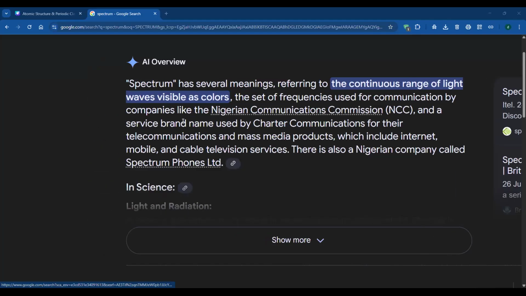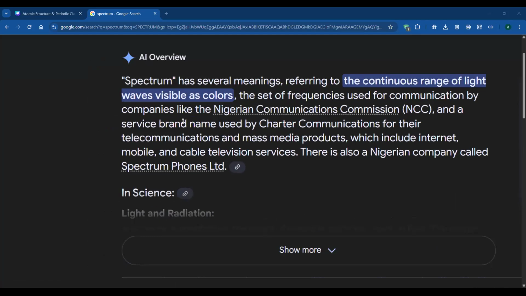Okay. Let me show you the definition on the screen right now. Can you see what's on the screen now? Yes, sir. Okay, can you read it for me?